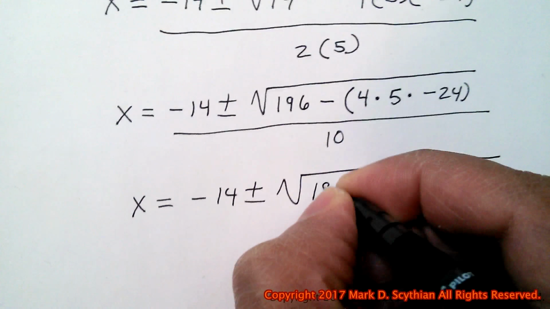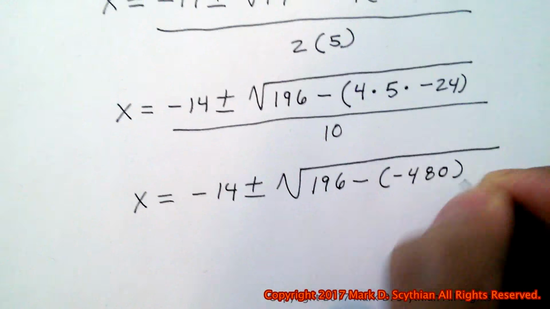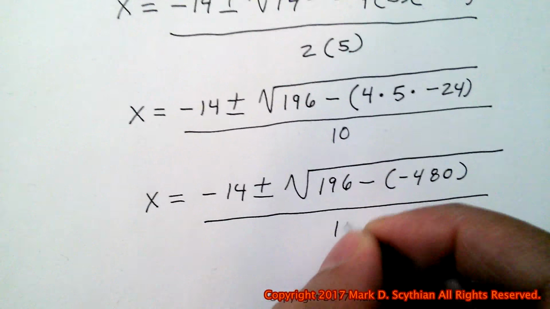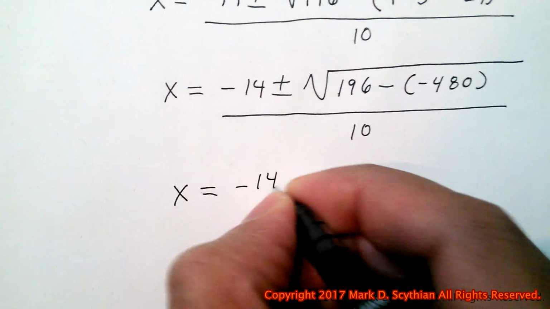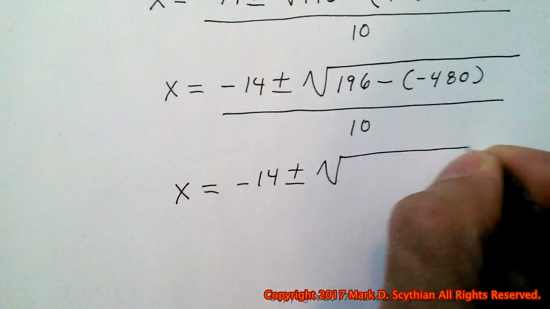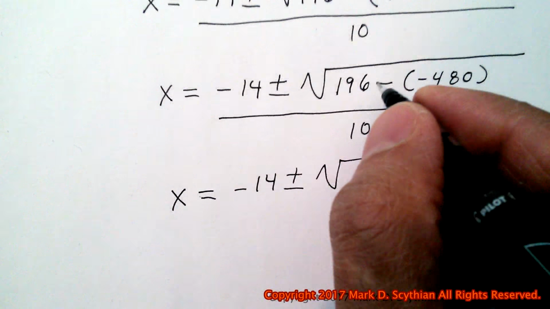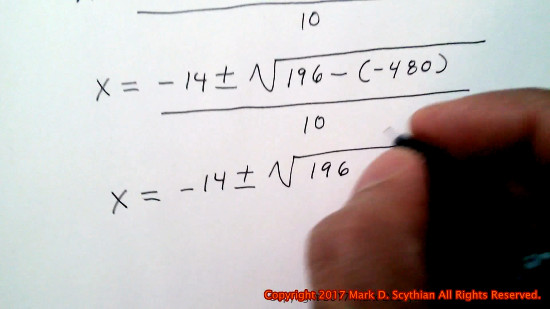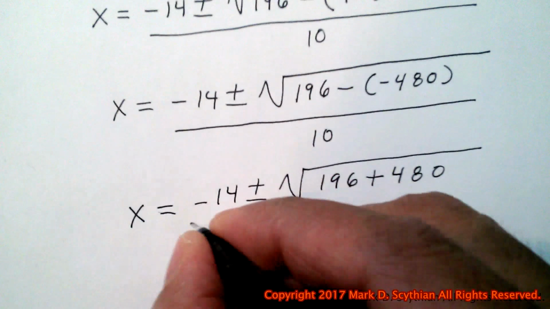So 196 minus negative 480, over 10. Since we're subtracting a negative, 196 minus a negative 480 becomes positive, and then over 10.